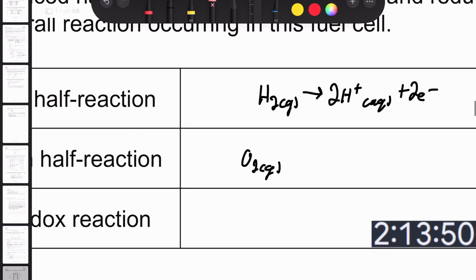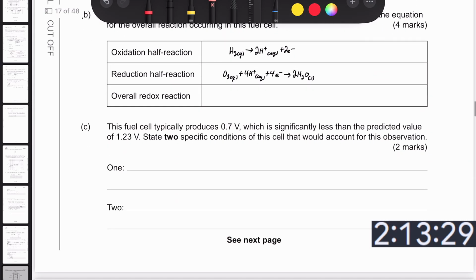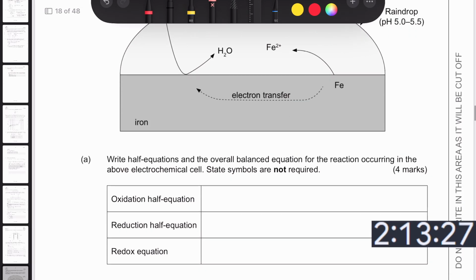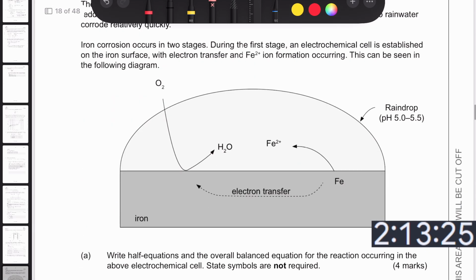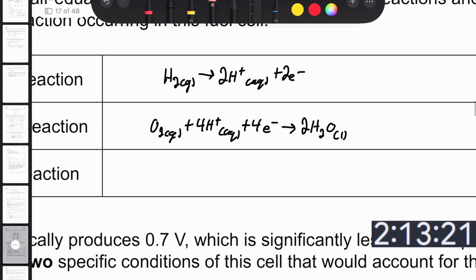And here we're going to have oxygen gas plus 4H+, because we're going to make 2 waters, and each water only has 1 oxygen, and 4 electrons. And then this is just going to make 2 waters. I bet the next question is going to be why is this a better one than, never mind, okay, it's not. Just a second, I've seen something very similar to that.